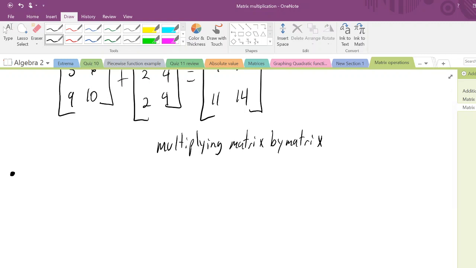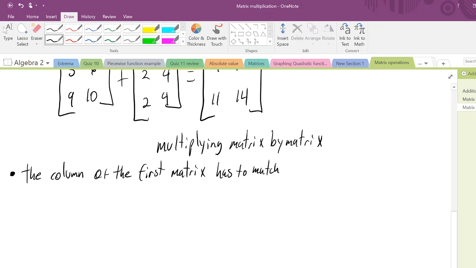Alright, so that means that the column of the first matrix, in other words, the dimension of the column of the first matrix has to match the dimension of the row of the second matrix.